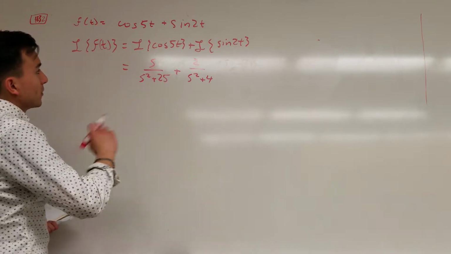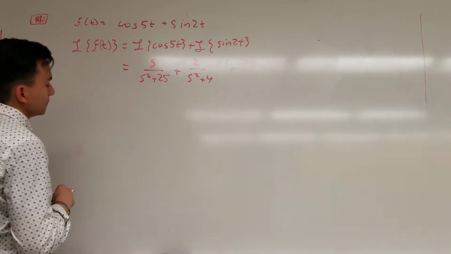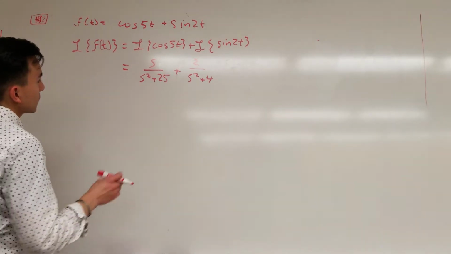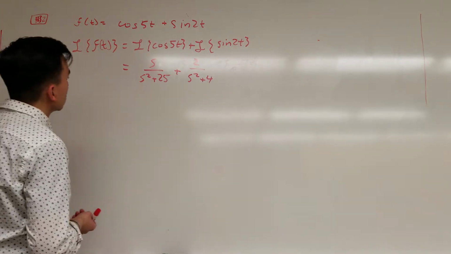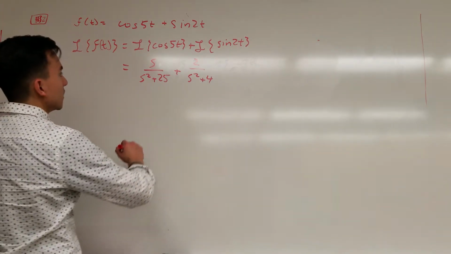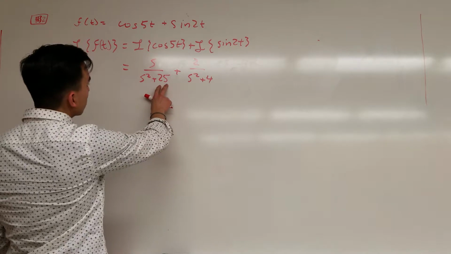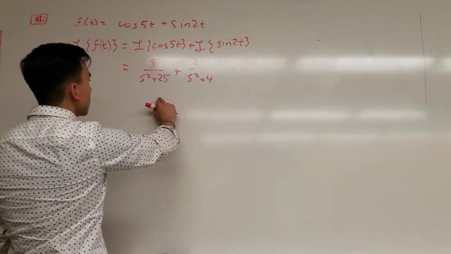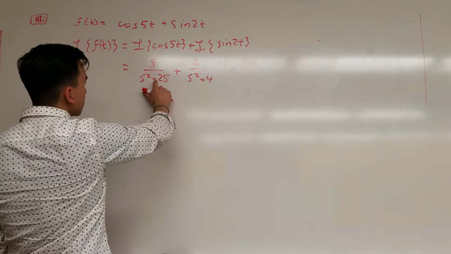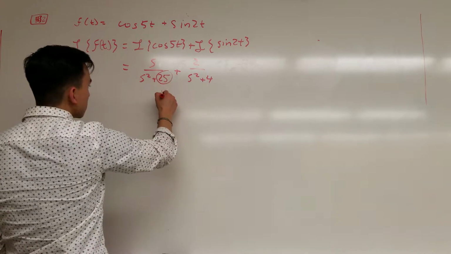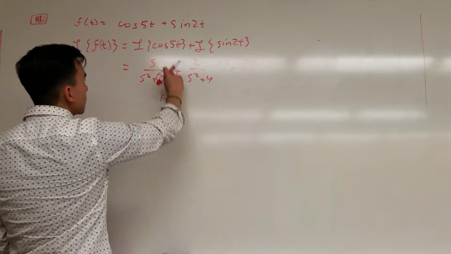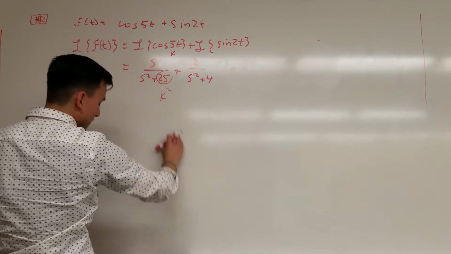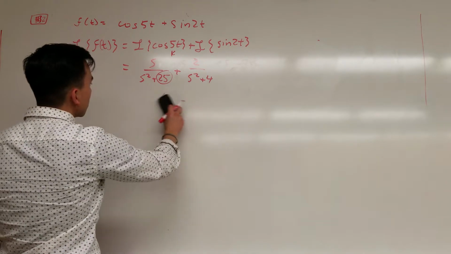And now if we look back at our transformations, this was a kt, right? So it was a kt, that meant that this one was k squared. So if this was a k, we have to square it, and that's where the 25 comes from.